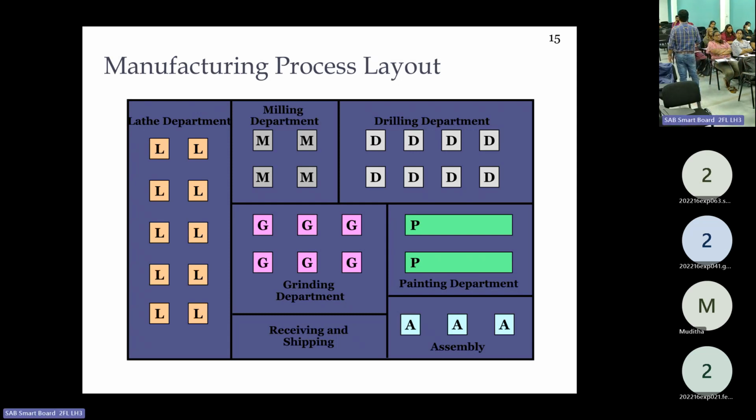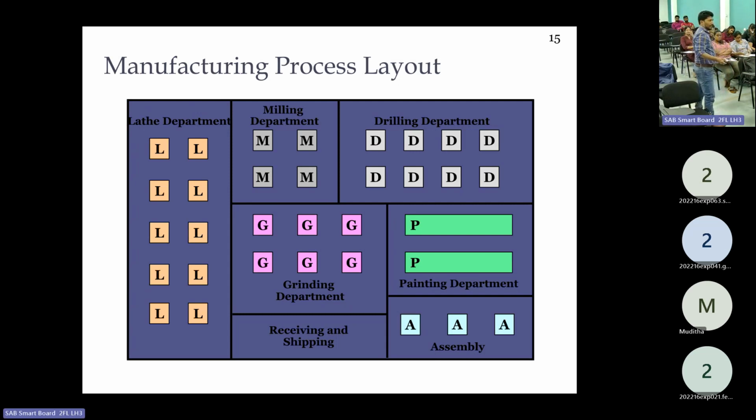In functional layouts, resources functioning in a similar manner are grouped together and located together. Resources functioning in the same manner for providing the processing purpose, right? So similar resources together. So that is the main characteristic.